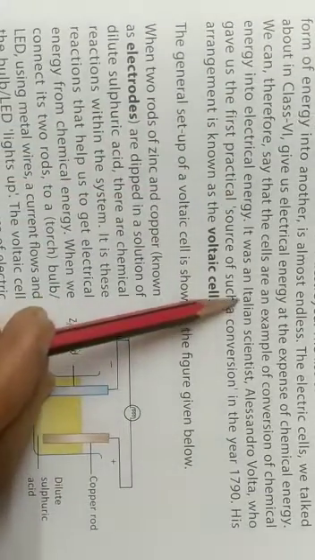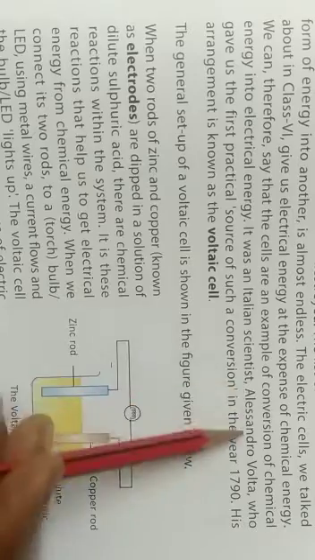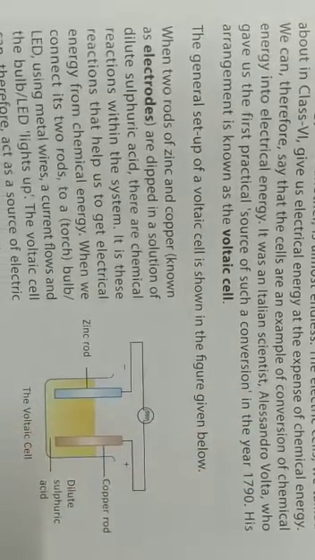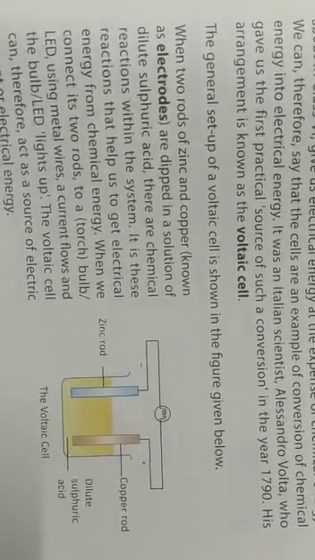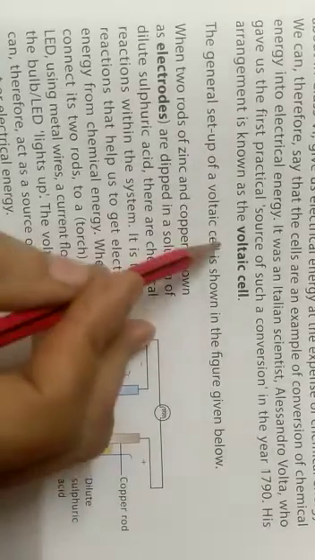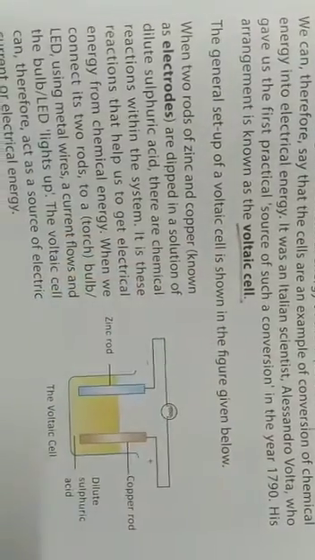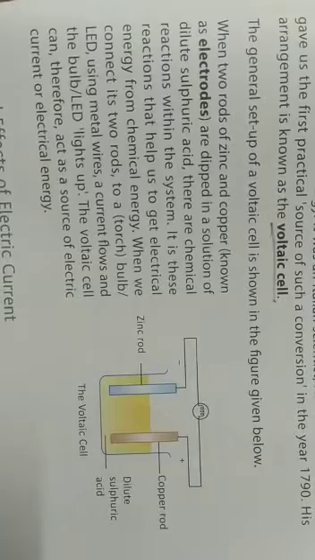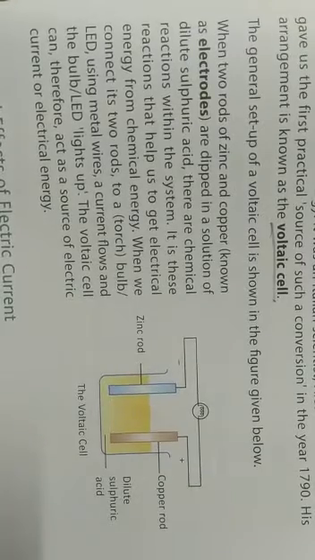It was the Italian scientist Alessandro Volta who gave us the first practical source of such a conversion in the year 1790. His arrangement is known as the Voltaic cell. The general setup of the Voltaic cell is shown in the figure.